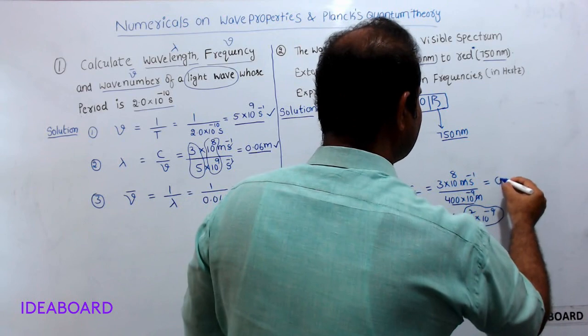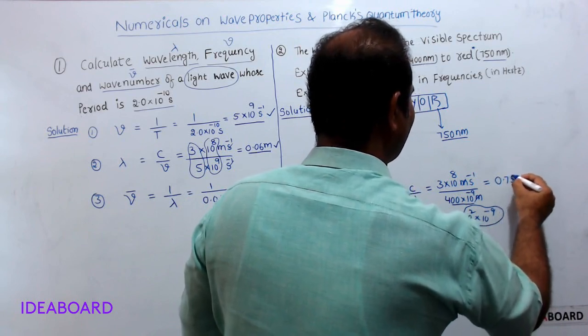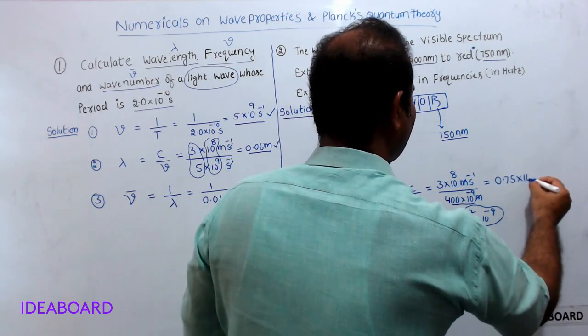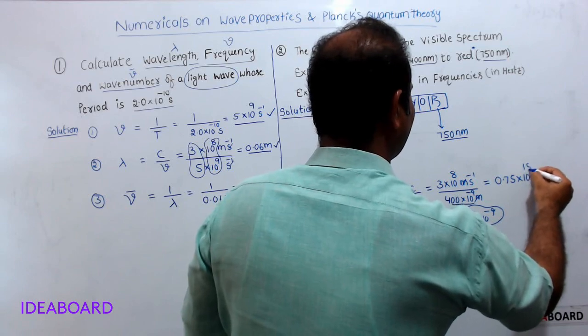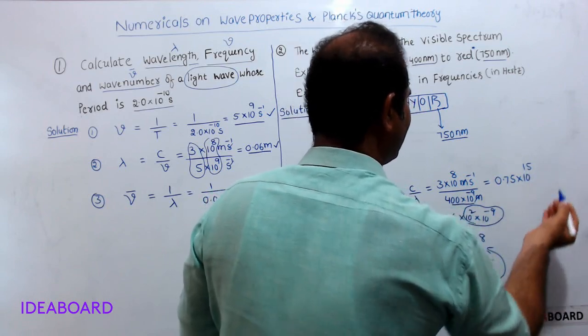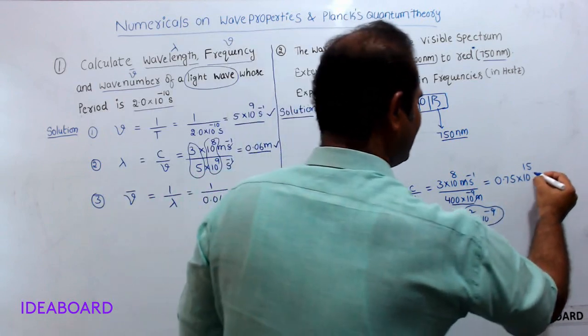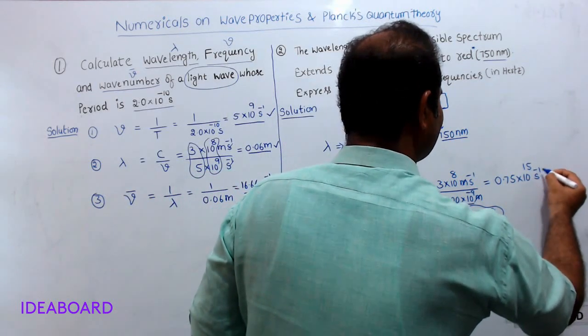3 by 4 means 0.75 into 10 power 15. What unit is left behind? Second inverse. Second inverse or hertz, both are the same.